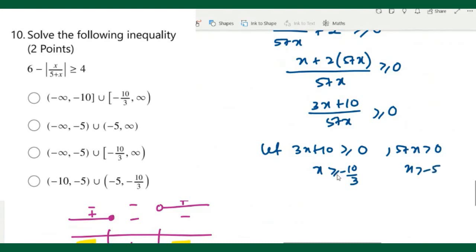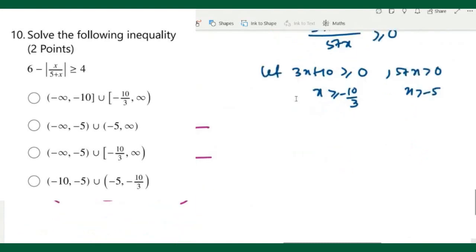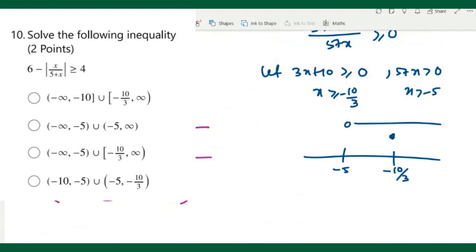Okay, so buat number line pula untuk selesaikan case yang kedua ni. Number line positif negatif. Negative 5 dengan negative 10 over 3. Negative 3 something. So more than negative 5, more than or equals to negative 10 over 3. Positive, positive, positive, negative, negative, negative. So positive, negative, positive.